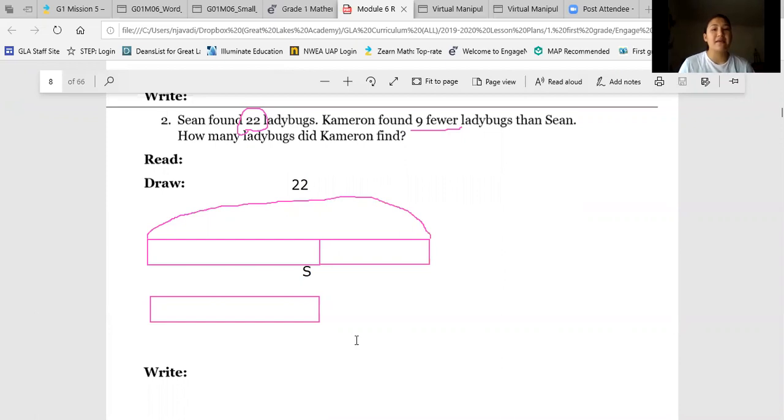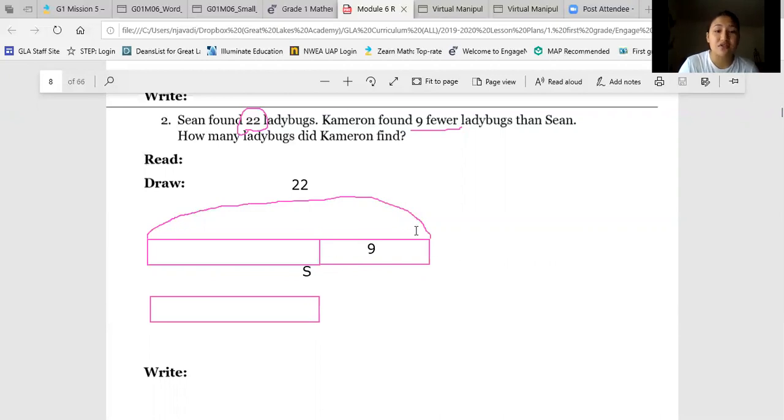Now we know that Cameron found 9 fewer ladybugs than Sean. That also means if we flip it around, Sean found 9 more ladybugs than Cameron. So in this extra spot that we have for Sean, I know that it equals 9, because Cameron doesn't have this extra spot.